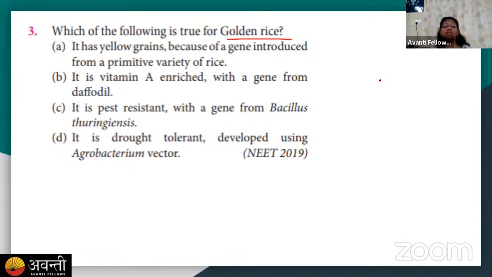So to enrich the staple food so that we do not get the deficiency, we have introduced the vitamin A synthesizing gene, the beta carotene gene from a daffodil, into the rice. So that just by taking an appropriate amount of rice, we are able to eliminate the vitamin A deficiency and cure night blindness.